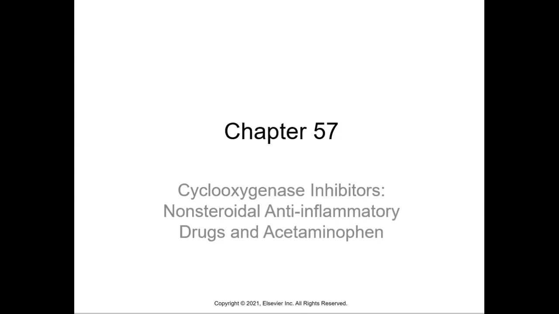The important part to take away is that having cyclooxygenase around can be good. COX-1 is good. So when I give a COX inhibitor and it can't distinguish between 1 and 2, the bad parts about giving COX inhibitors are that I can cause gastric erosion, bleeding tendencies, and renal impairment.